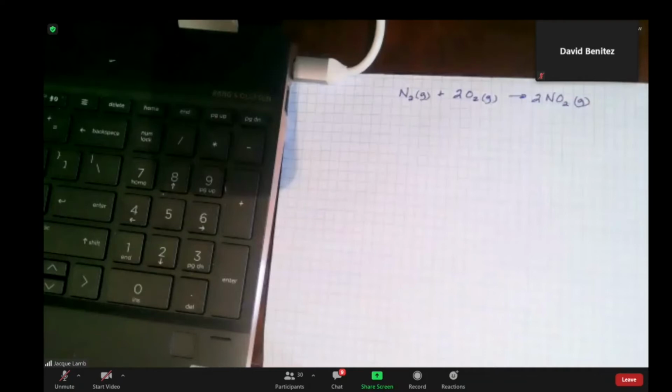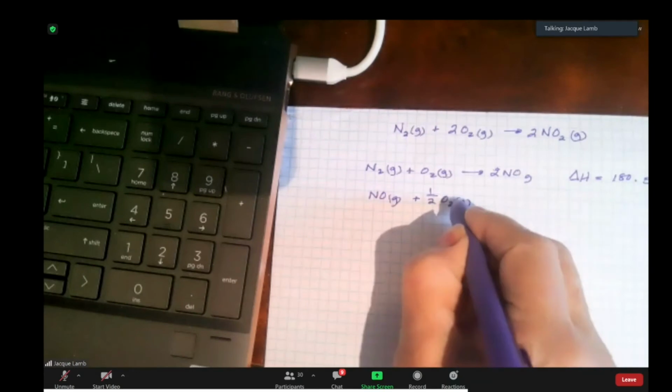The second reaction we were given was NO gas plus 1/2 O2 gas forming NO2. And the delta H for that reaction was equal to minus 57.06 kilojoules.